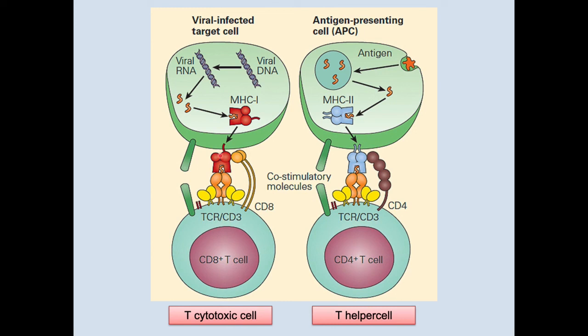CD8 can only recognize MHC1, whereas CD4 can only recognize MHC2. So that's why the activation of T cytotoxic and T helper cells is not redundant. It means that APCs cannot be recognized by cytotoxic T cells, and the target cell cannot be recognized by T helper cells.